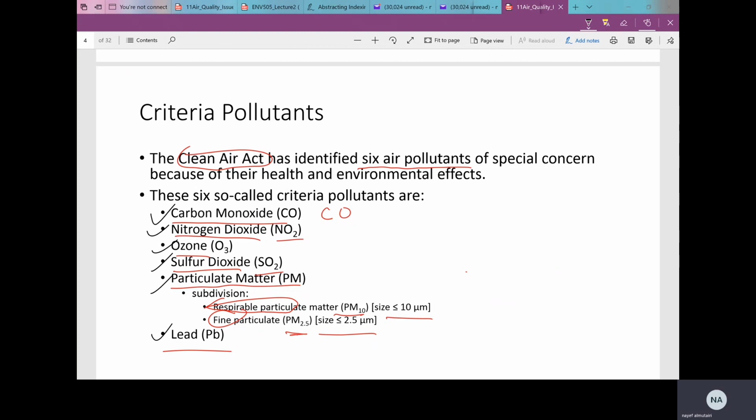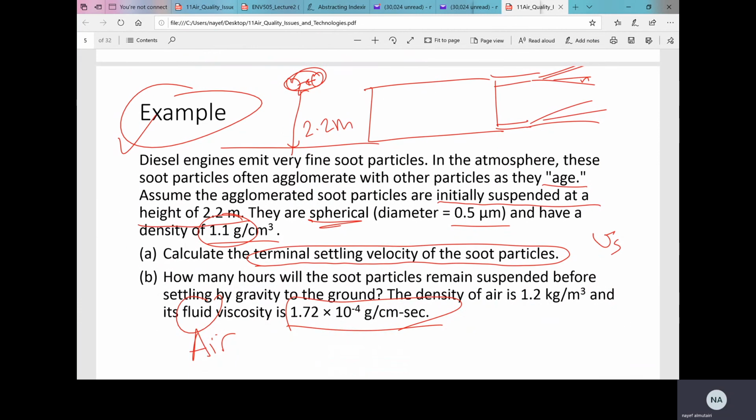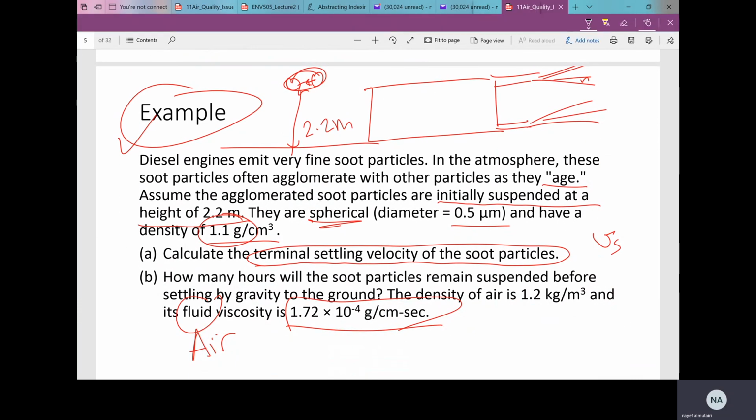It came in my final one time as a definition: PM10, particulate matter less than or equal to 10 micrometers in particle size, and PM2.5, particulate matter less than 2.5 microns in particle diameter. This example is very important. Please, again and again, read this example. Try to solve it. If you have any problem, please message me, okay?